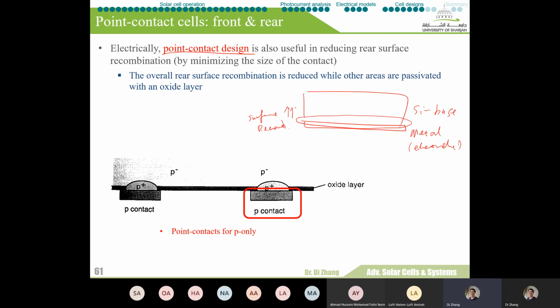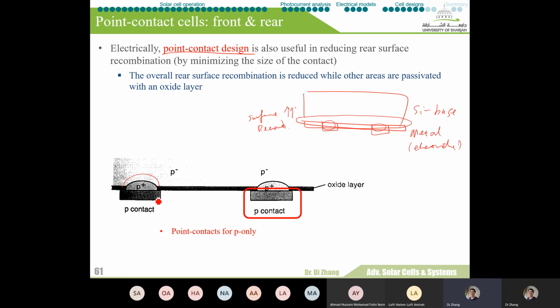Well, if you can guarantee the conductivity of the electrode, how about we shrink the electrode into a single point or into several points? So this is the idea for the point contact design. It's closely related to the surface passivation.